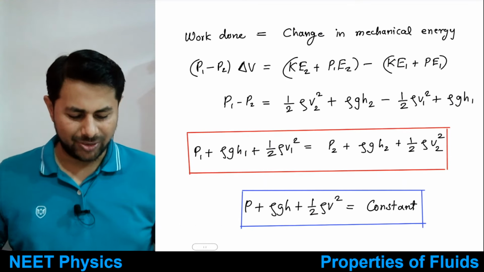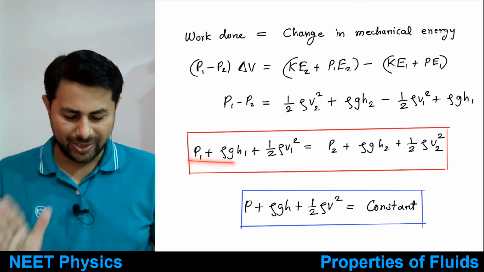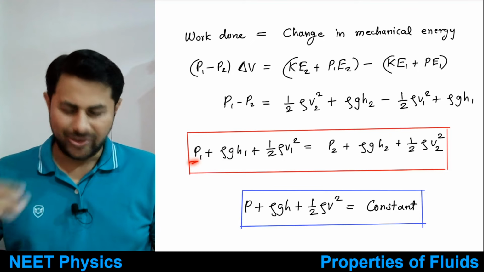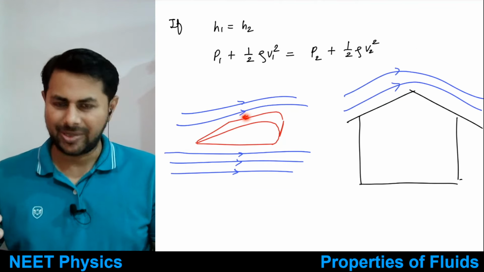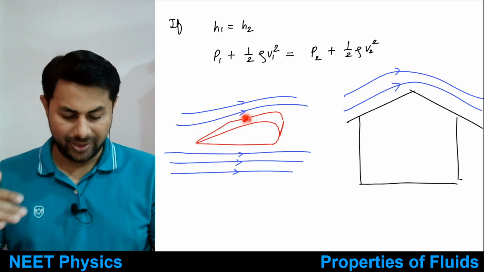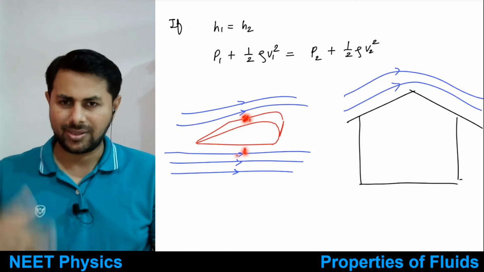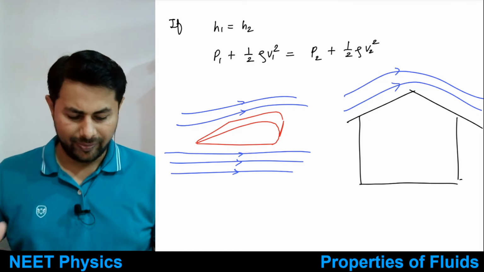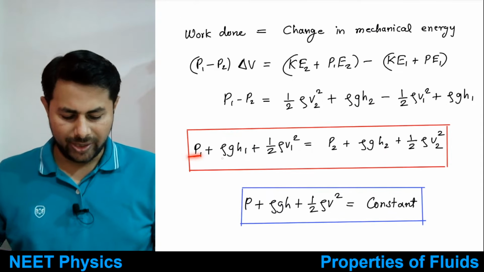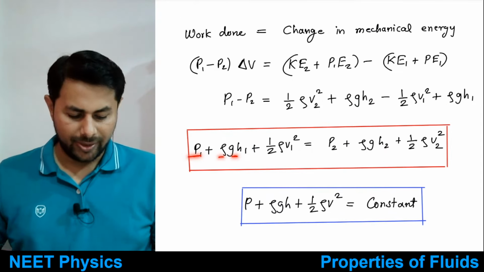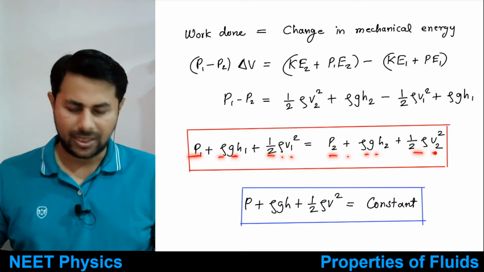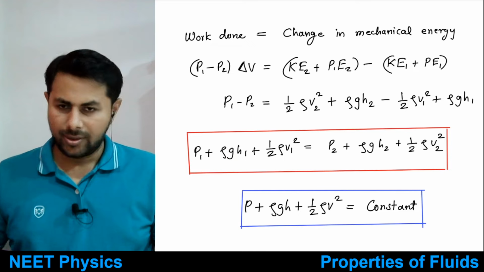So if we make use of Bernoulli's principle, let's say this is surface 1 at the top and this surface at the bottom is surface 2. Then you have P1 plus rho g h1 plus half rho v1 square is equal to P2 plus rho g h2 plus half rho v2 square, right?